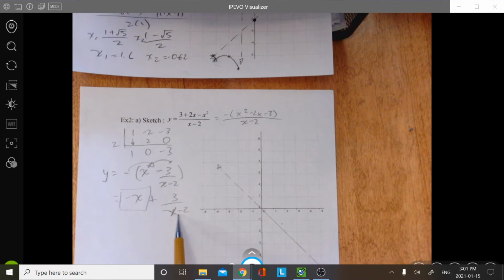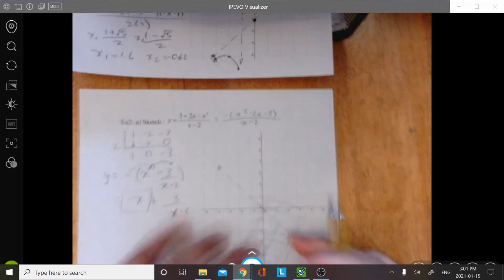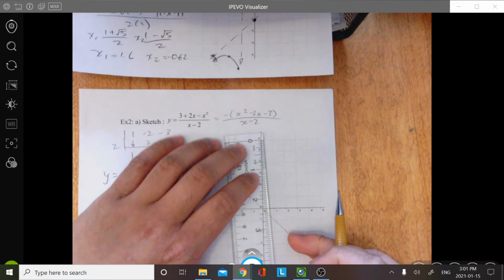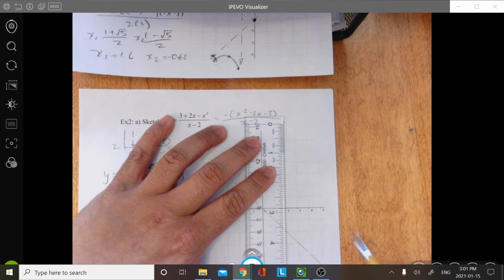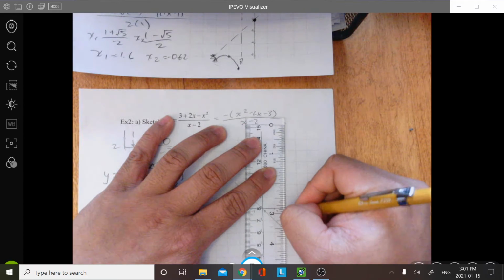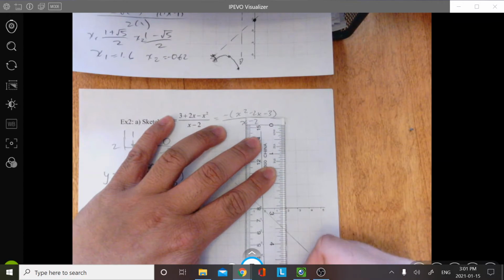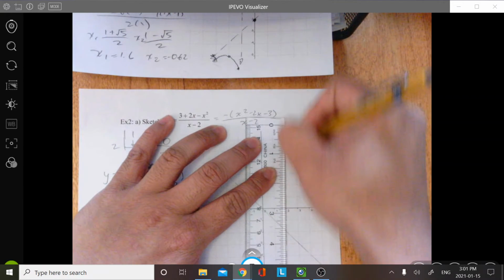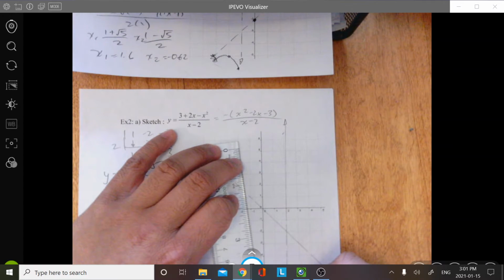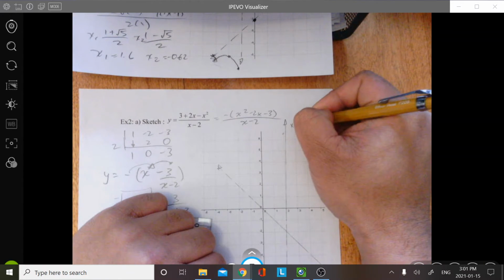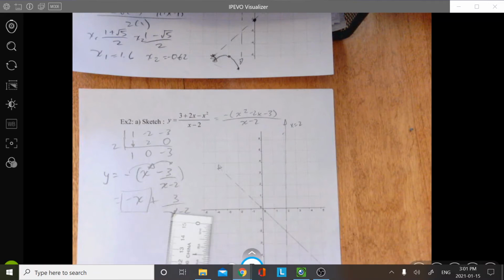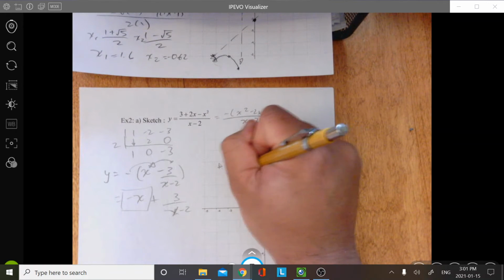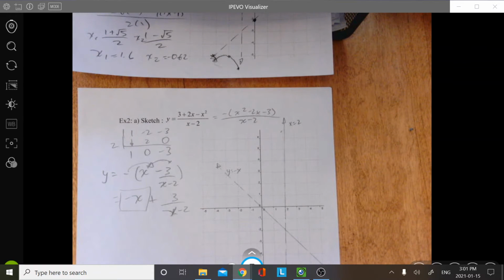Where the denominator equals 0 is still my horizontal, or sorry, my vertical asymptote, so x equals 2. And the oblique asymptote is y equals negative x.